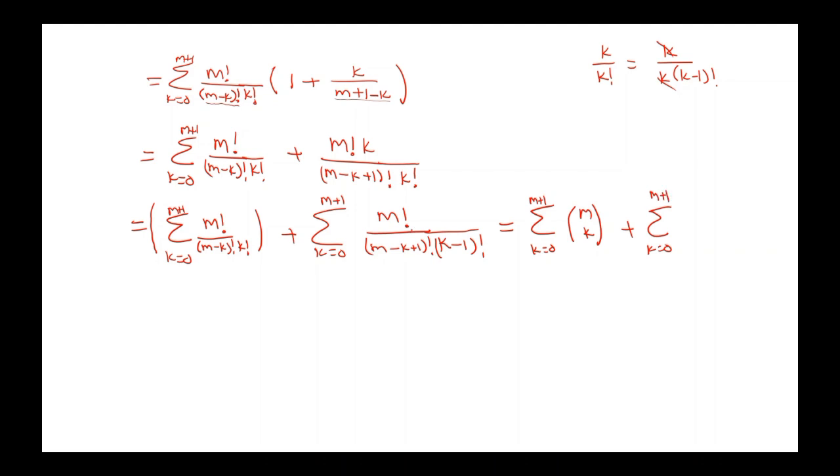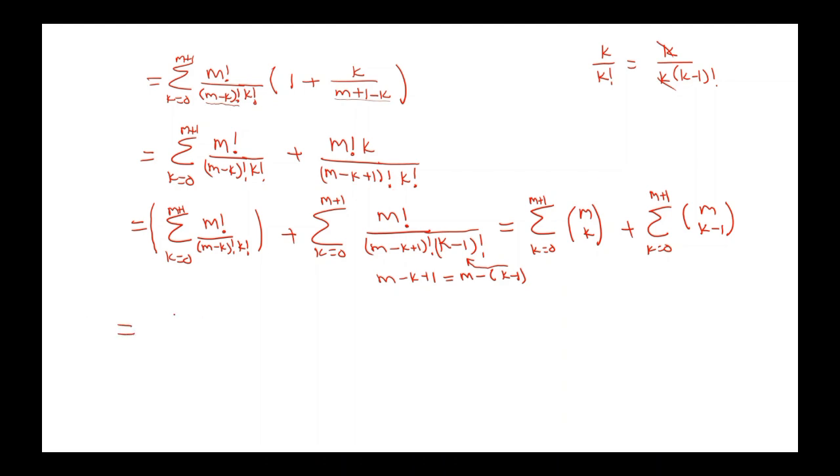But do you see that here you can rewrite m minus k plus 1 as m minus k minus 1, and then it immediately follows that you have m combination k minus 1 from there. So you have something like this. So this is what we have.